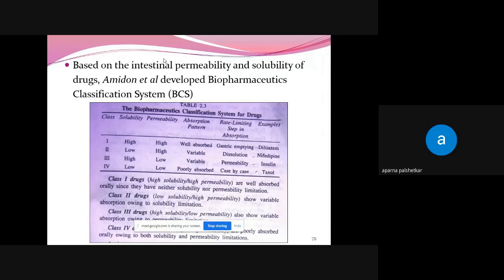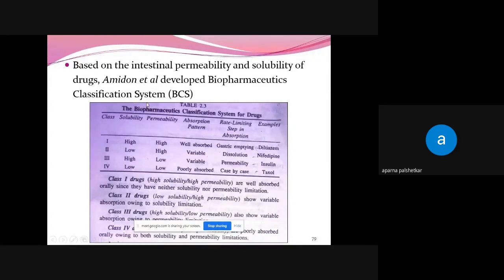Then based on the data of the solubility and the permeability of the given drug, a biopharmaceutical classification system was prepared. Okay, it is actually a written document. There is a review article also available which has a complete list of this biopharmaceutical classification system with respect to the drugs.